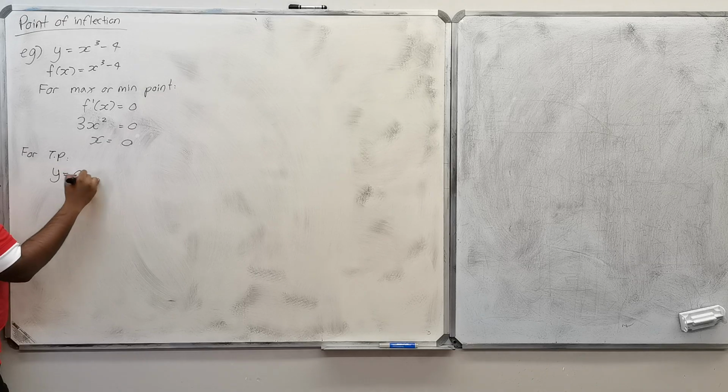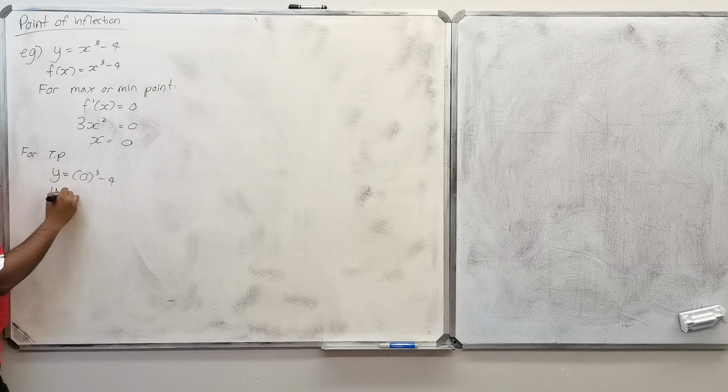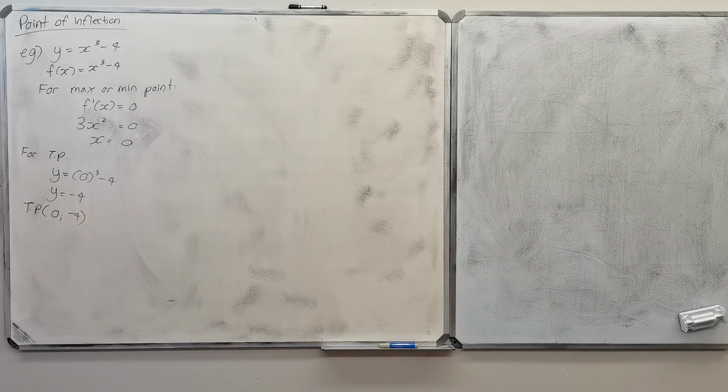substitute back in your equation. So y is equal to 0 cubed minus 4. So your turning point is (0; minus 4). Now to distinguish whether this is a maximum or minimum, we'll do the test.